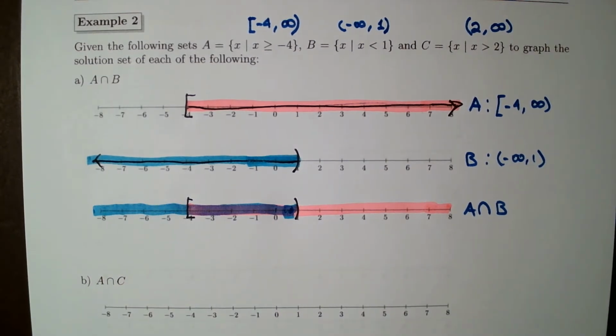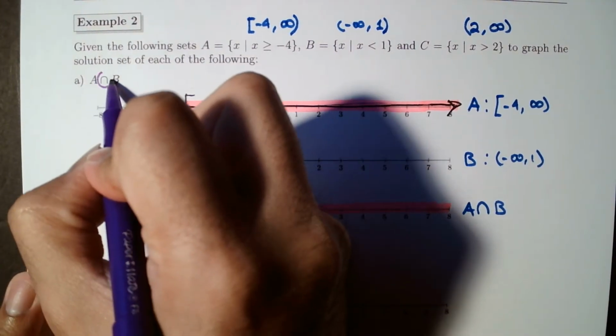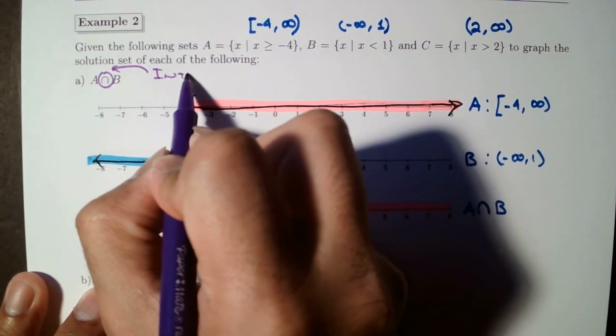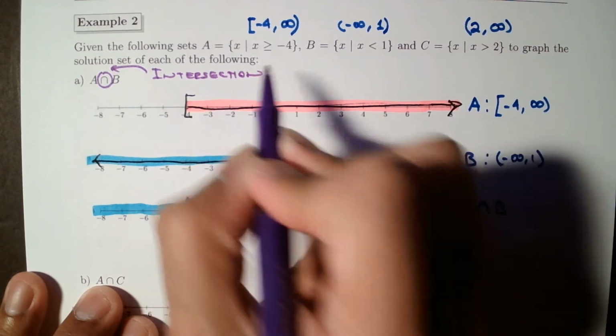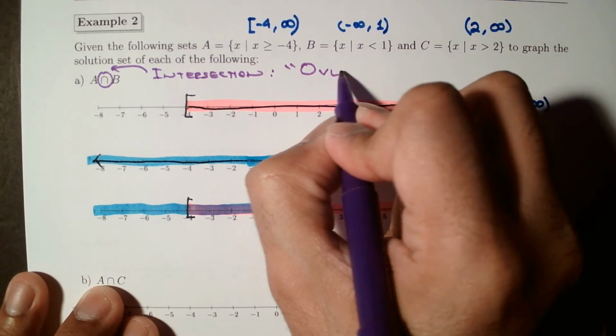In this case, what are we going to do? We're looking for the intersection, in other words, and this is key, you might want to write this down, circle this. This symbol means intersection. In other words, the overlaps.